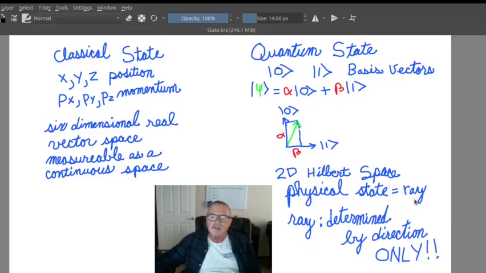So whenever I say a ray or a physical state, you're going to know to point out what is the direction of that thing. So as you can see, these components up here can determine the ray. And here's the state. Look at that. Maybe I should have underlined the ray in green.